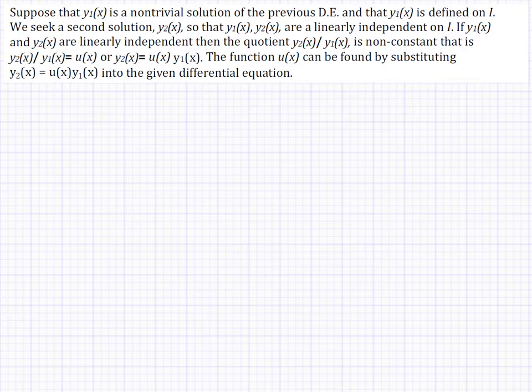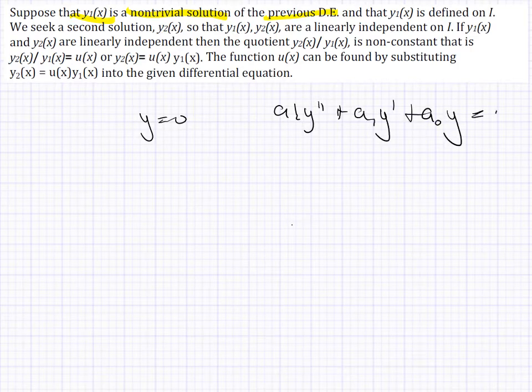Okay, so we're going to suppose that y1 is a non-trivial solution to that previous differential equation. Now, non-trivial solution is basically saying that y equals 0 is not what we're looking for. Y equals 0 is a solution to really any homogeneous linear differential equation. So if you think about it, like a2 y double prime plus a1 y prime plus a0 y equals 0.